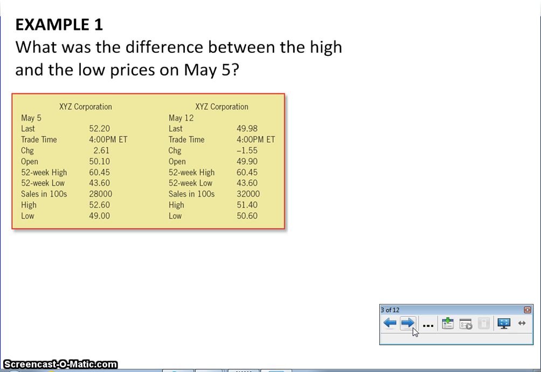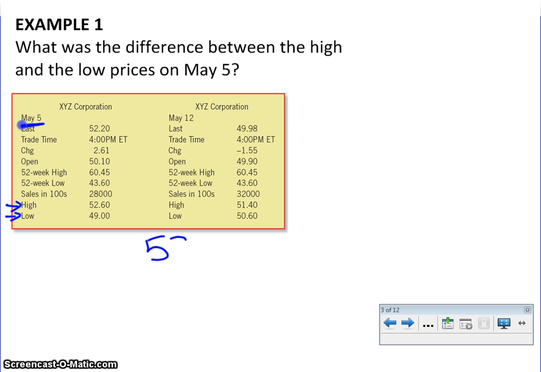All right, let's look at the first example. It says, what is the difference between the high and low prices on May 5th? So May 5th is this first one right here, and it's asking for the change between the high and low. Well, here is the high and here is the low.